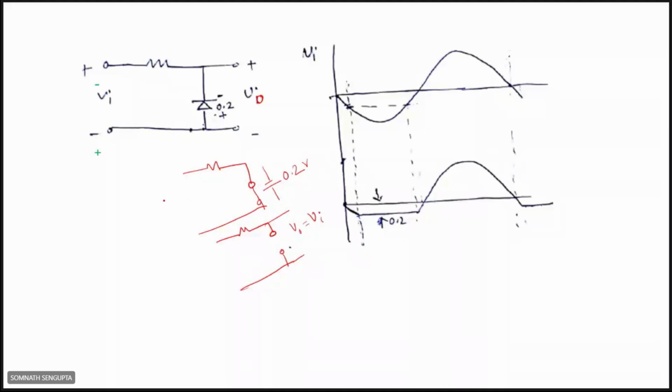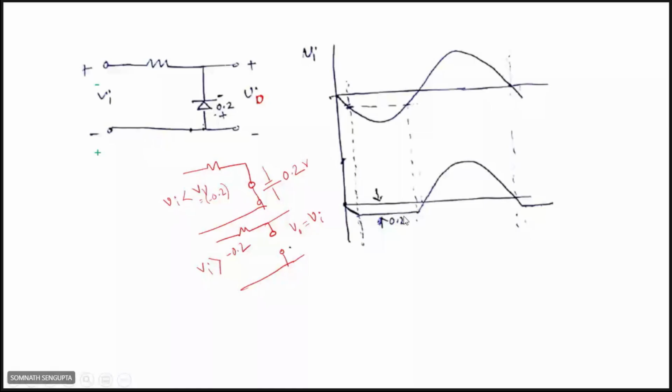In this case, if Vi is less than V gamma, that is minus 0.2, that time it will be on, and in this case Vi is greater than minus 0.2, so it will be off, and from that point the circuit will remain open, and you will see the whole input voltage appear across the output.